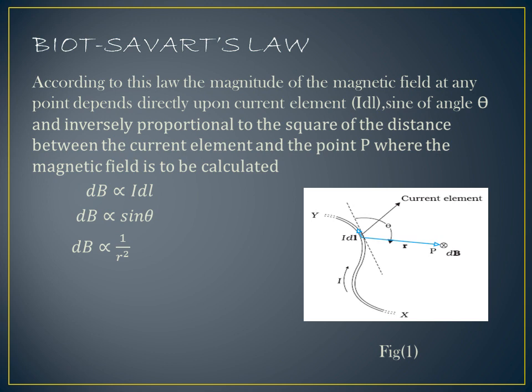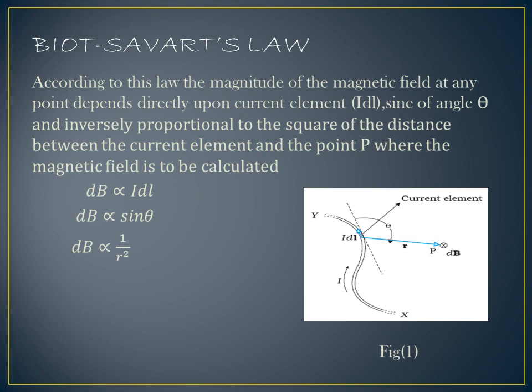Now, let us consider a point P, where the magnetic field is to be calculated. The magnetic field at this point P is very small, which is why we represented it as dB. And let r be the distance of the point P from the current element I dl, and let theta be the angle between dl and r.